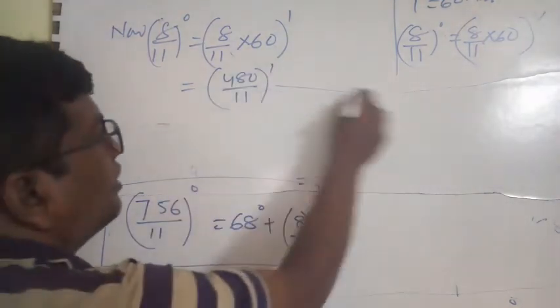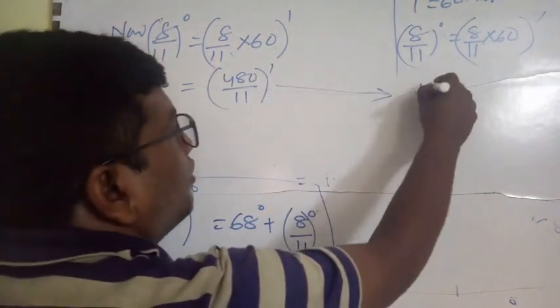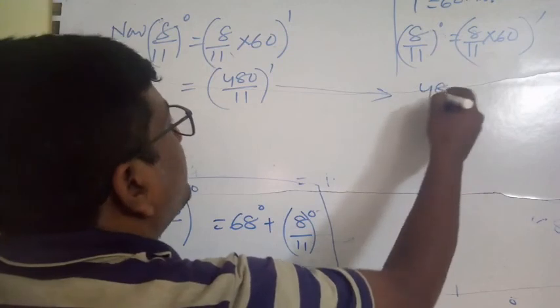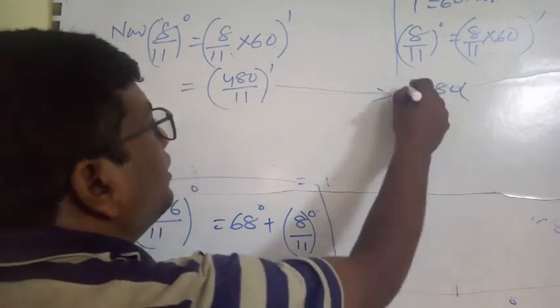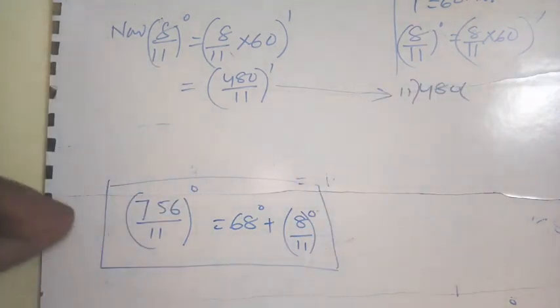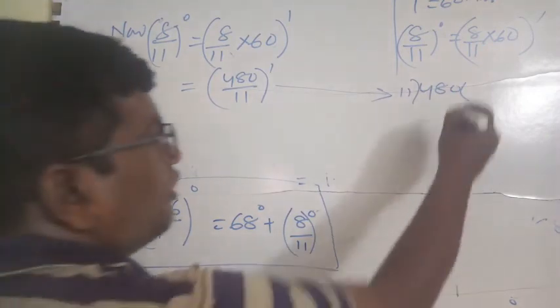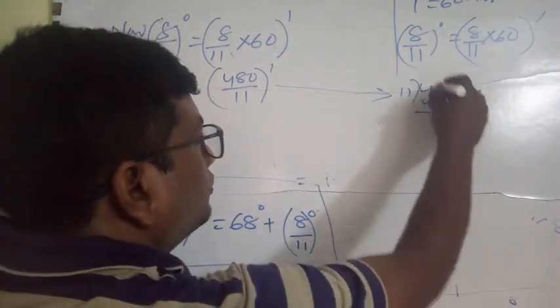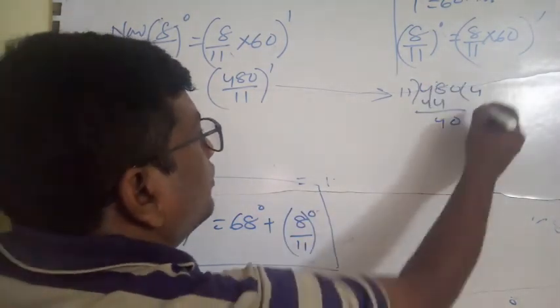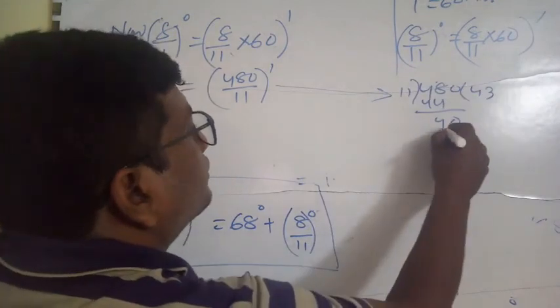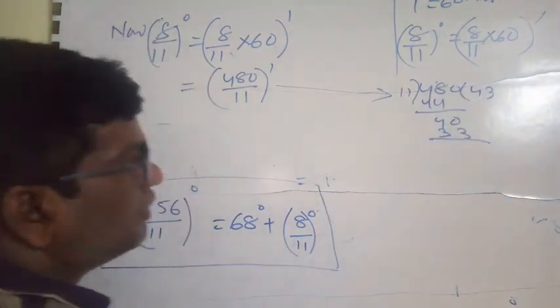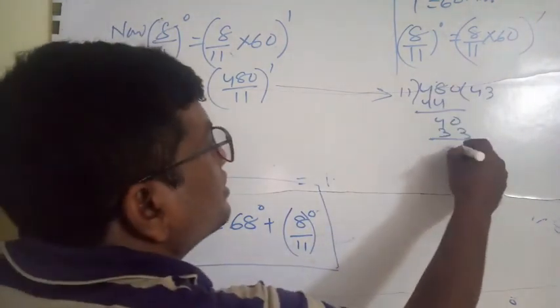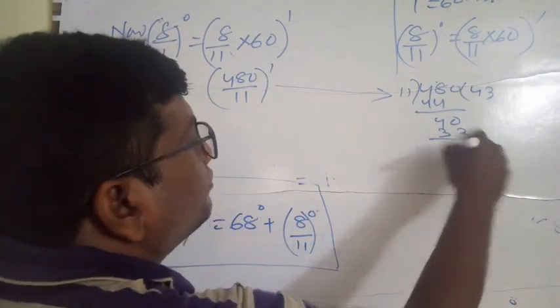Again divide, rough work here: 480 divided by 11. 11 4 the 44, 11 3 the 33, remainder 7.